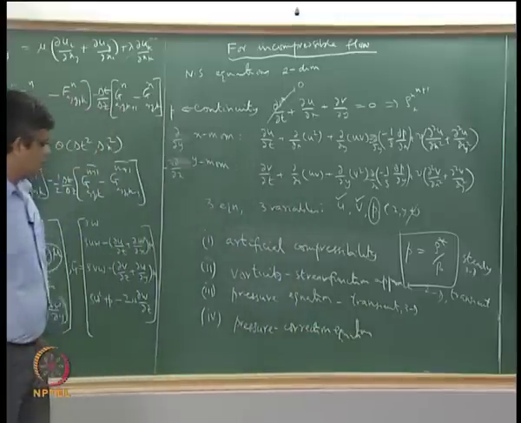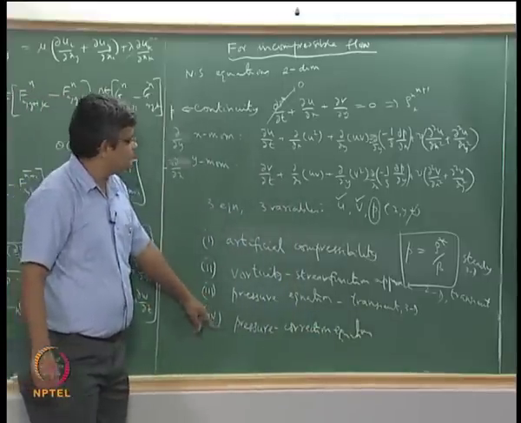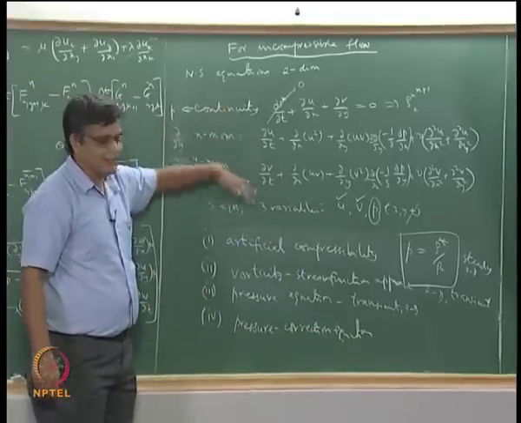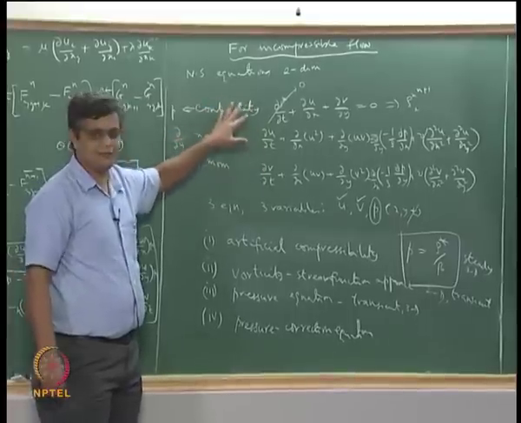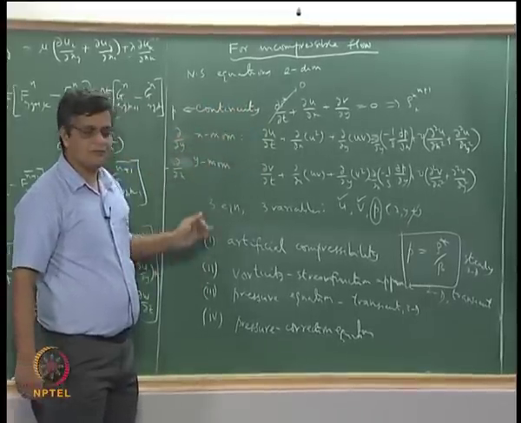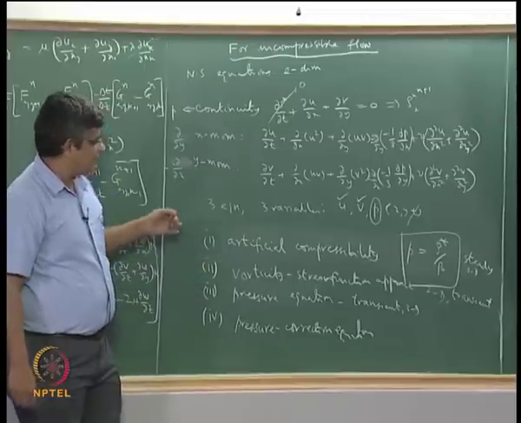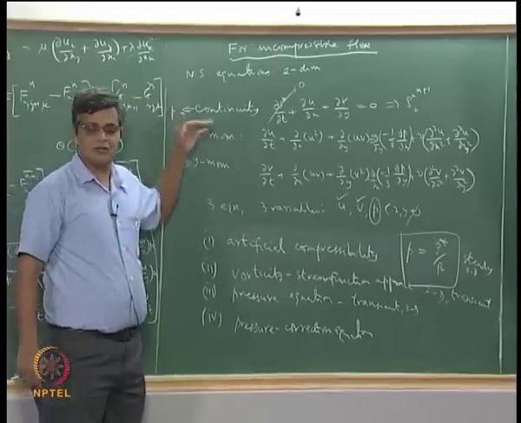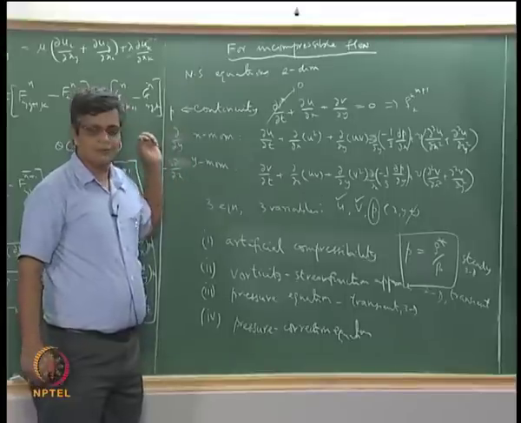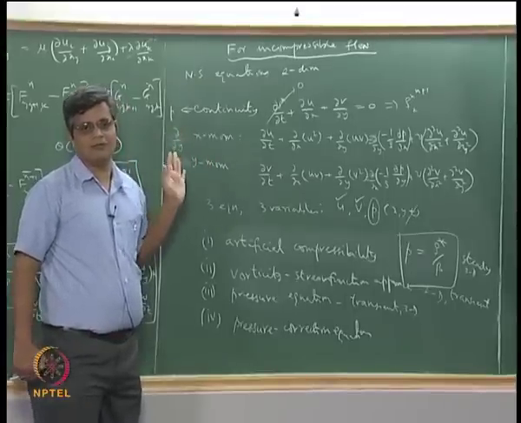Okay, so we derive a pressure correction equation by manipulating these equations, and then we solve for the pressure correction, and we can come up with an overall solution approach which is specifically tailored for incompressible flows.